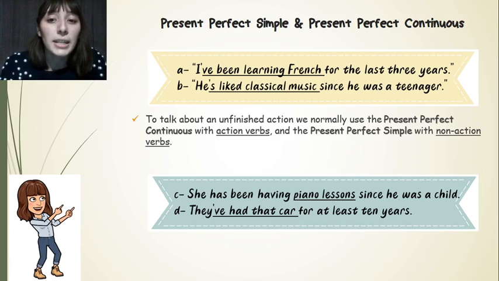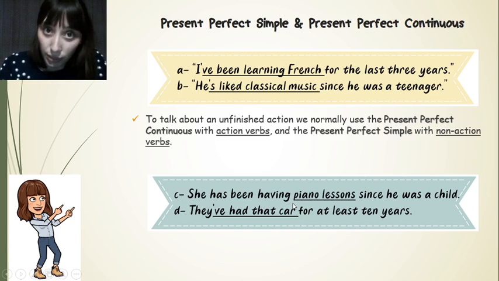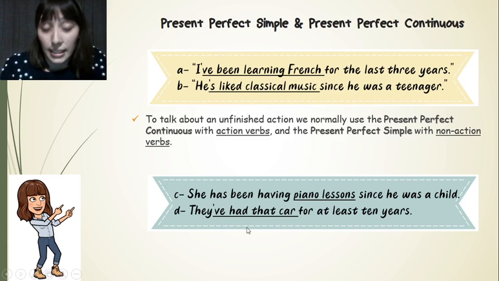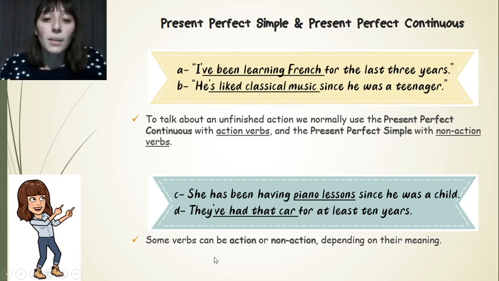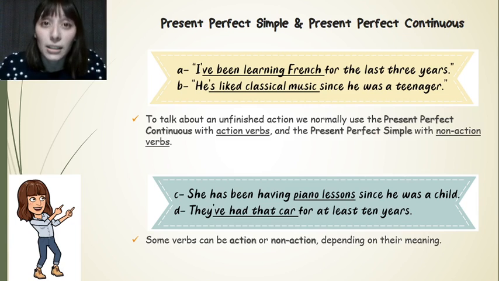Because here we can say have piano lessons, as in example C, and it immediately turns into an action verb. And in example D, we use it as a non-action verb because it doesn't express an action. So as we say here, some verbs can be action or non-action depending on their meaning, on the context. So pay attention to the sentence.